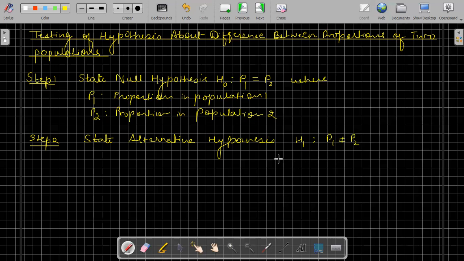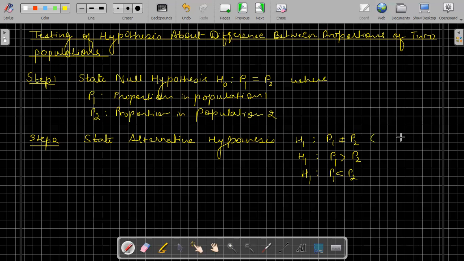If we want to test that the two proportions are not equal, then we take this alternative hypothesis. If we want to test that the proportion of the first population is greater than the proportion of the second population, then we take this alternative hypothesis. And if we want to test that the proportion of the first population is less than the proportion of the second population, then we take this alternative hypothesis.